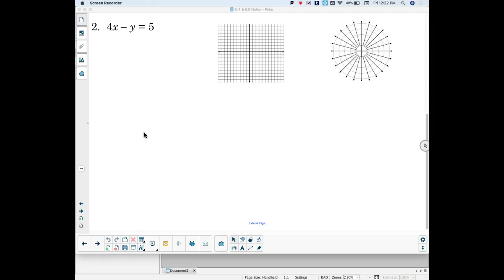rectangularly, what is 4x minus y equals 5? What shape? Should be an easy one. It's a line. Talk to me about the line.